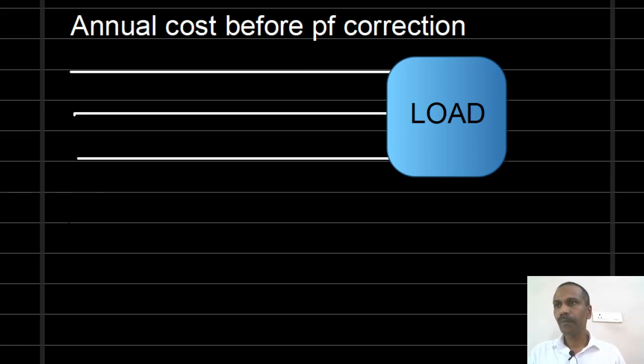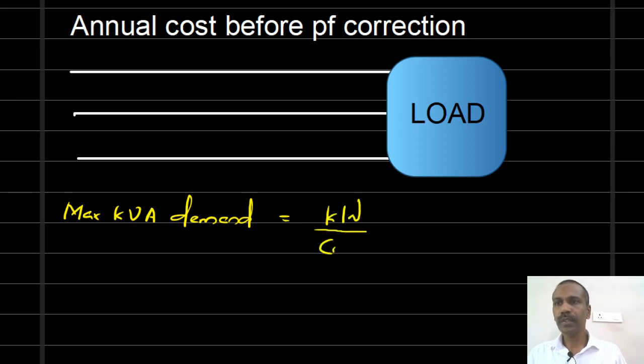Now his maximum kVA demand is equal to kW divided by cos phi, because W is equal to VI cos phi.